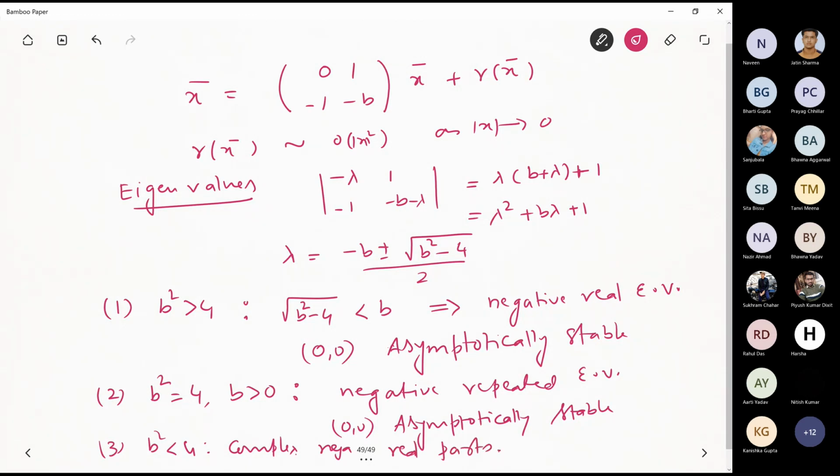Okay, so these are the cases we called spiral points. But since it has eigenvalues with negative real parts, by the theorem, this is also going to be asymptotically stable. So the point (0, 0) is going to be asymptotically stable.